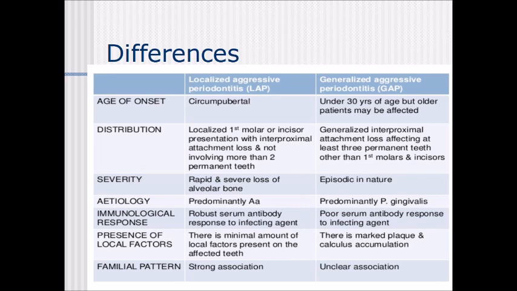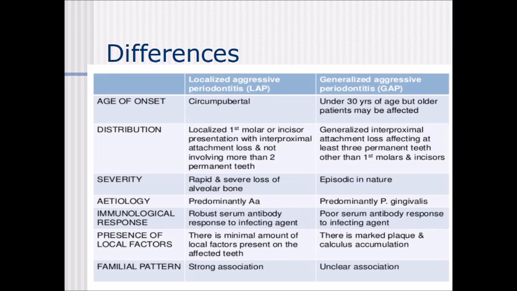And in etiology, predominance of Aggregatibacter actinomycetemcomitans, and in generalized, predominance of Porphyromonas gingivalis. On the basis of immunological response, in localized there is robust serum antibody response to infecting agent, and in generalized there is poor serum antibody response to infecting agent.